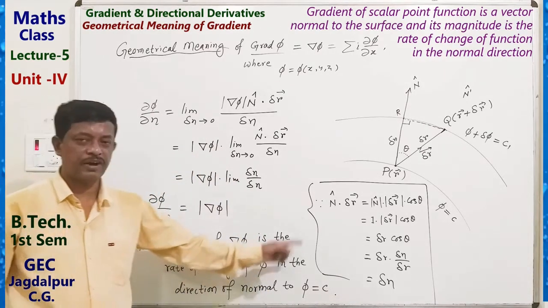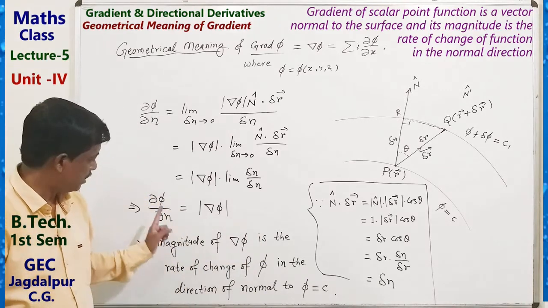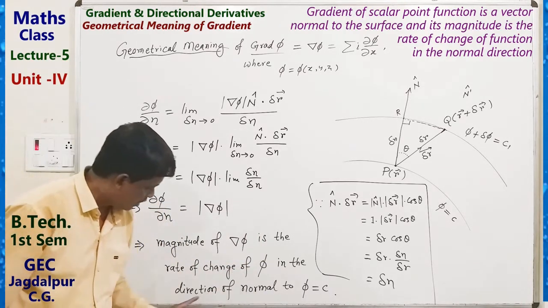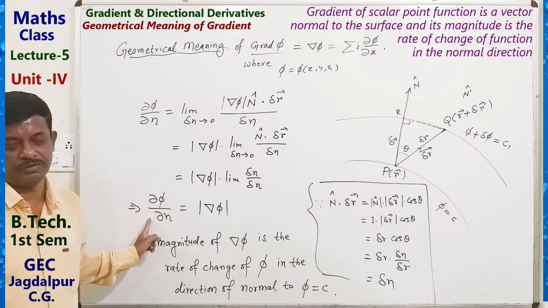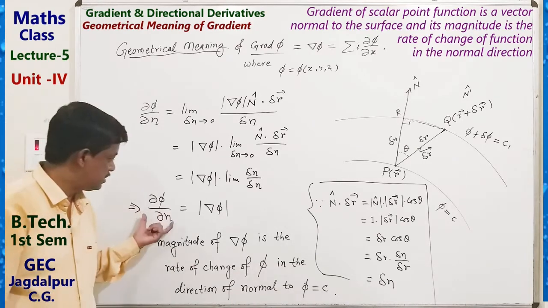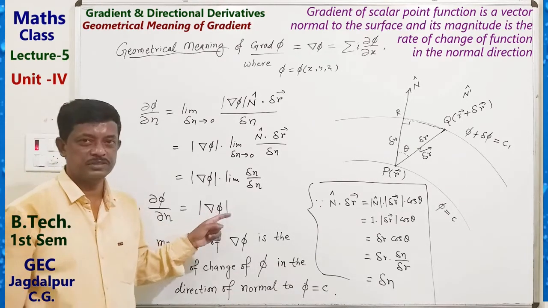Rate of change of phi in the direction of normal to the surface. This is magnitude of this.